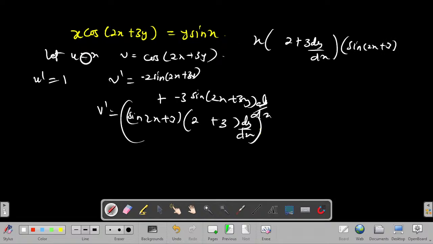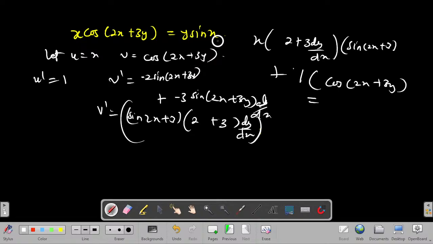That is when this is not there, and then plus when it is times the original sine, equal to the right side.